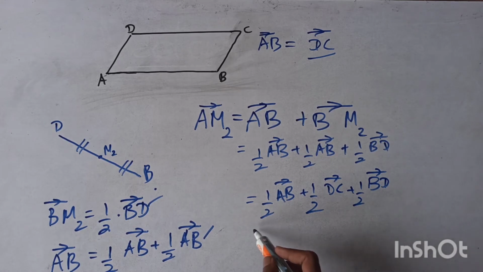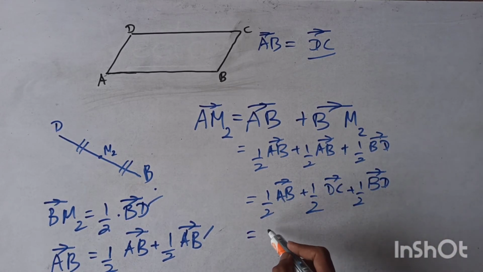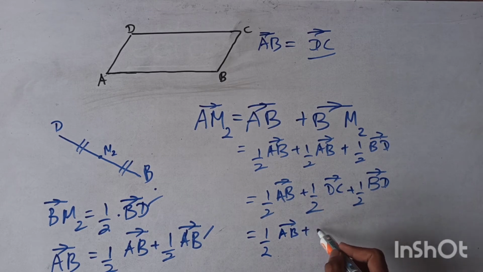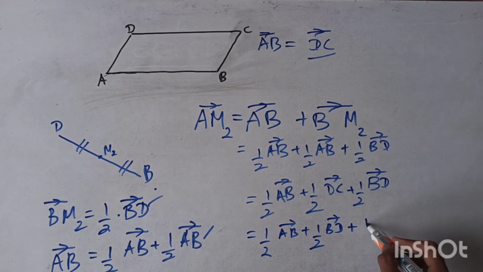After that, we can rearrange this addition. We can get AB plus half times BD plus half times DC.